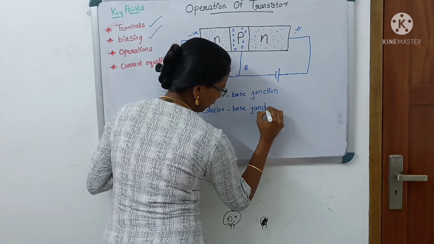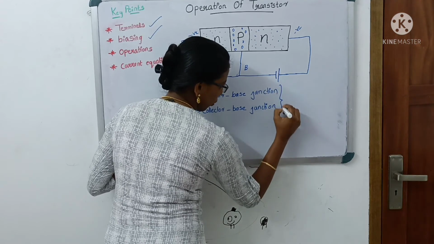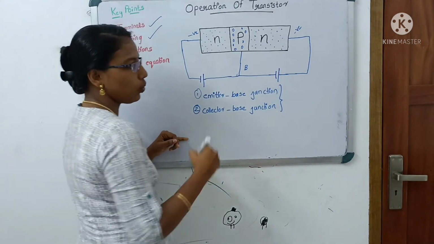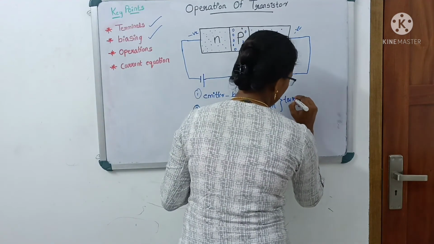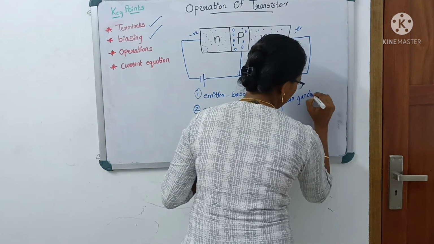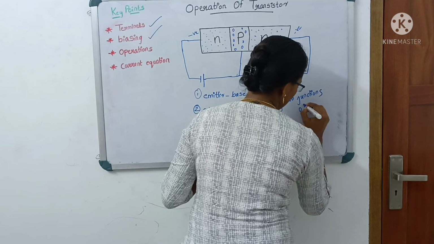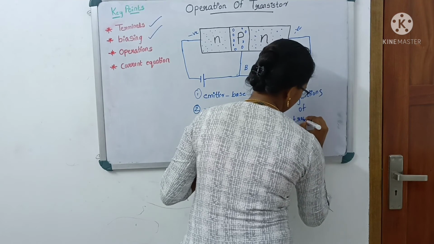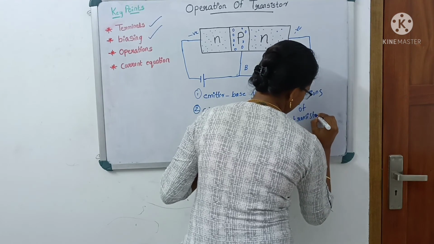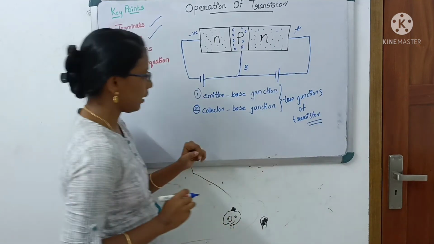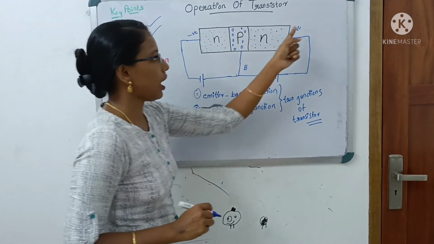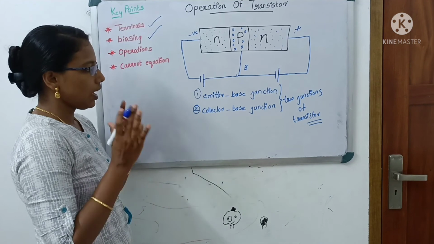These are the two junctions of a transistor.